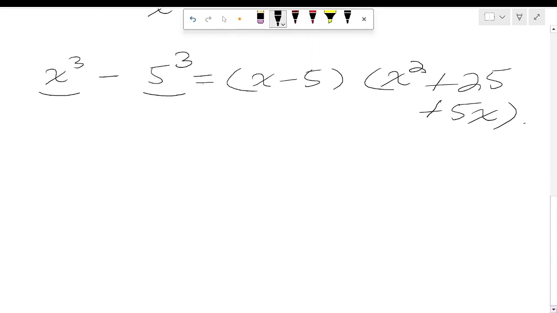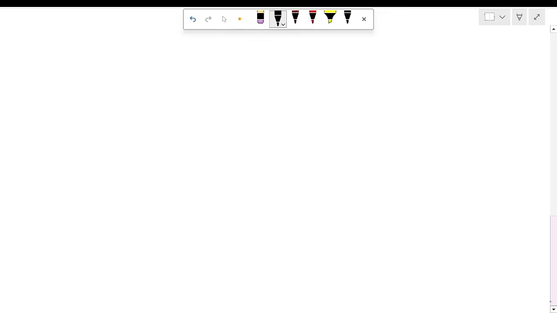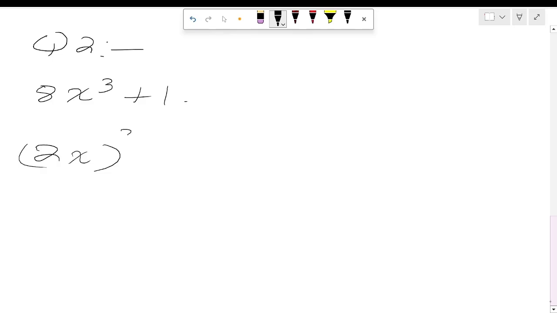Now let's move on to the second question. In the second question, the expression is 8x cube plus 1. So how are we going to simplify this expression? Let's see what is the cube root of 8, that is 2. So I can write 2x whole cube plus the cube of 1.